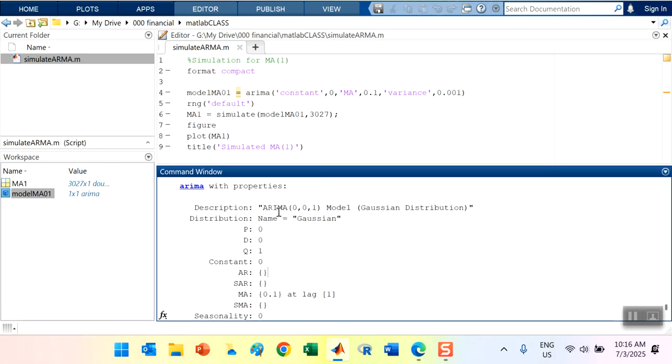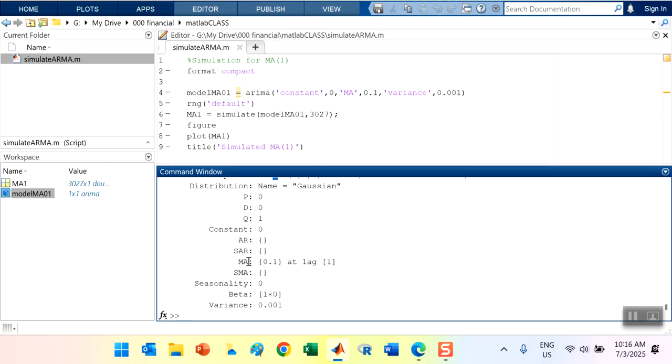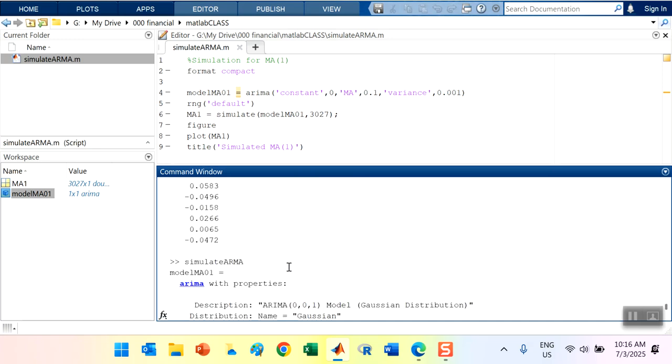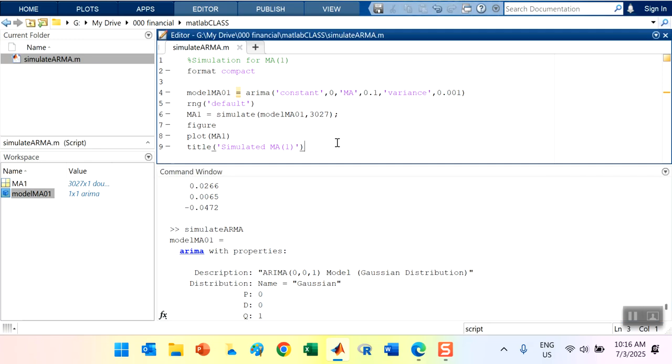You have ARIMA 0,0,1. The first 0 here means the AR order, and the second 0 means the integrated order. If you have non-stationary or trending data, then the I should be 1. So these are the specification: the MA coefficient is 0.1 and the variance is 0.01. This is the specification of the model.